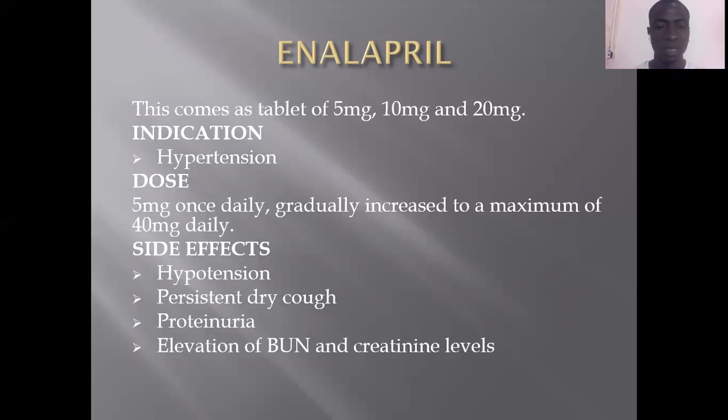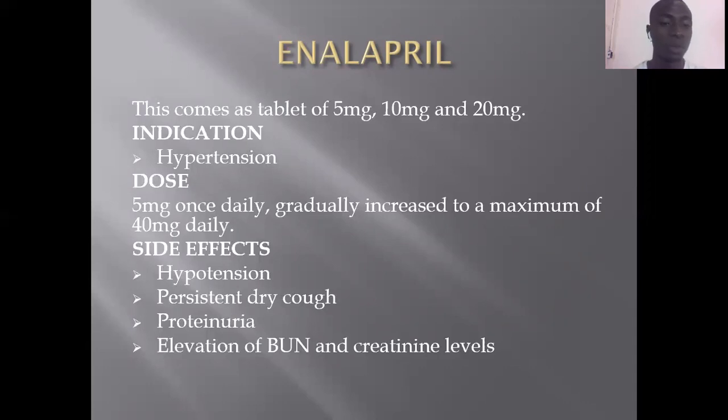Proteinuria is where there is an increase of protein in the urine, and when you do a creatinine clearance test, you discover there's also an increase in blood urea nitrogen.